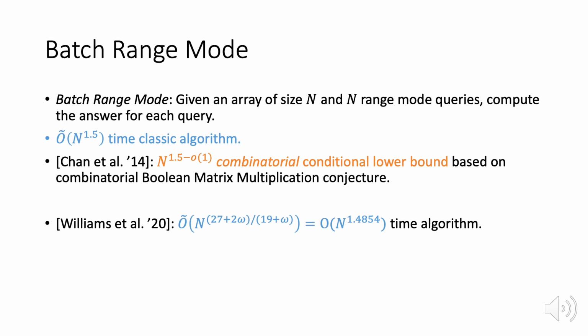Here, combinatorial means that the algorithm is not allowed to use any algebraic techniques, especially matrix multiplication. In the Williams et al. '20 paper, they show that if we indeed use fast matrix multiplication, we can get an algorithm that beats n^{1.5} time.